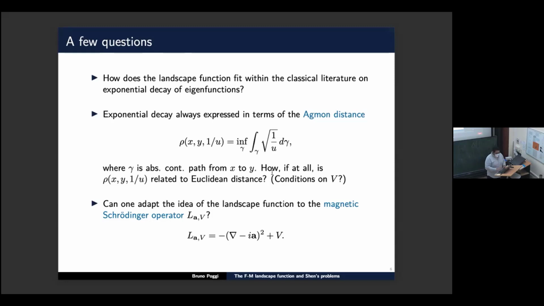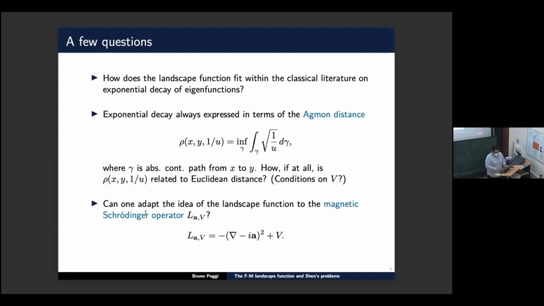So it should be, in principle, able to relate. But maybe if random Schrödinger operators is too hard, and at the moment it hasn't been done yet for random Schrödinger operators, maybe what about even more classical conditions on V? Can we relate the Agmon distance to Euclidean distance in non-trivial settings?